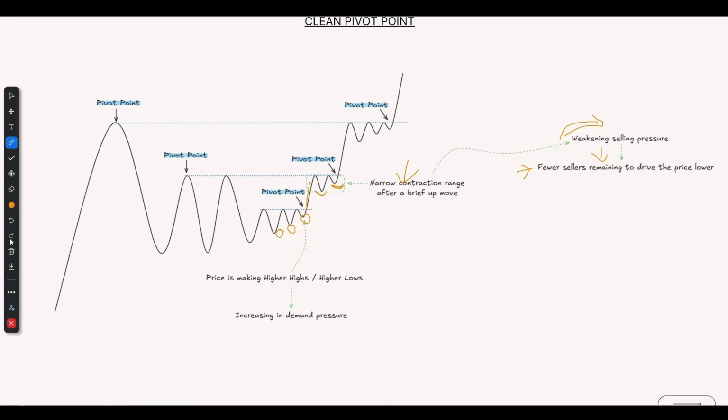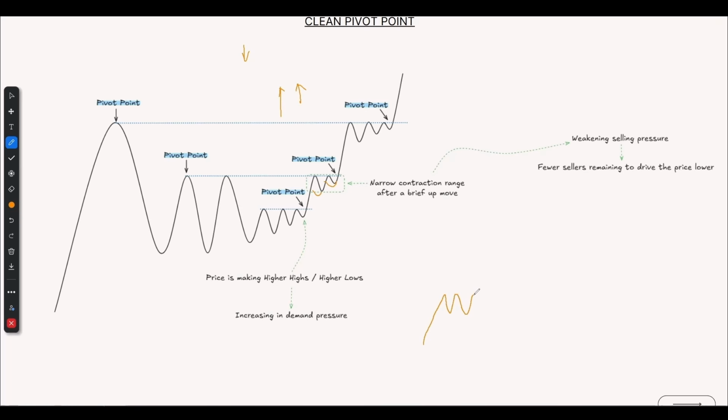That is the basic need of any price structure to go up, where the sellers are weakening at each higher low that the price is making, and the demand pressure should increase whenever this price starts moving up.